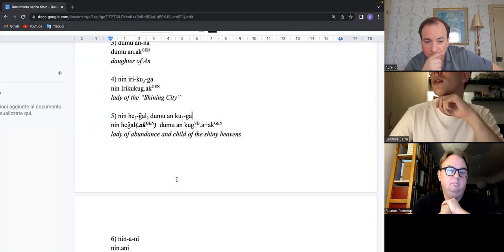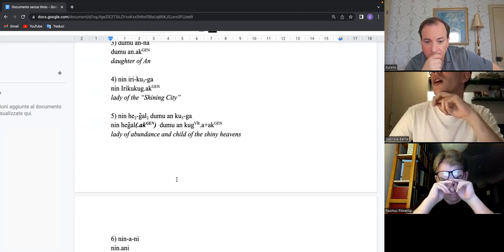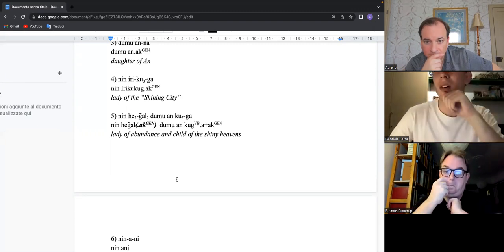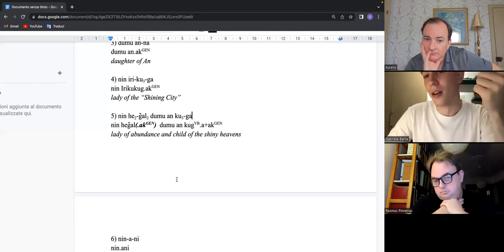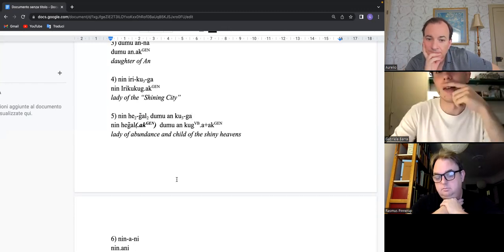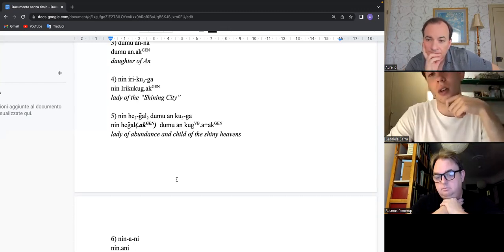However, they all seem to concern either length or weight or material, so composition. It's stuff like gal, big, mah, great, and kug, which means, I guess, silverish.